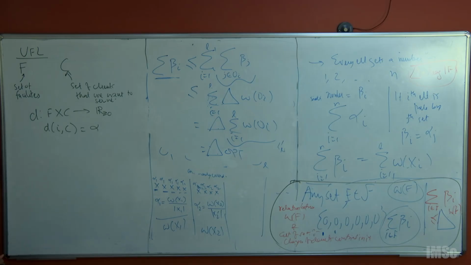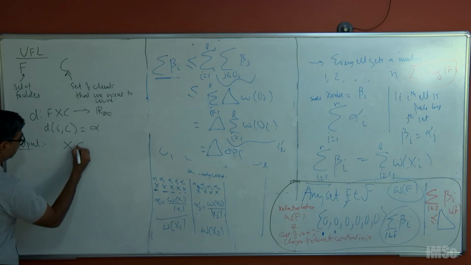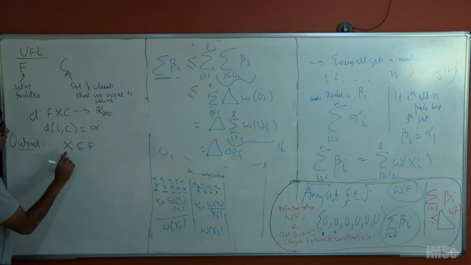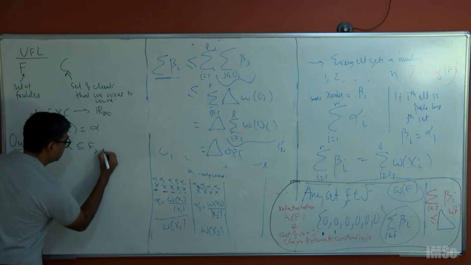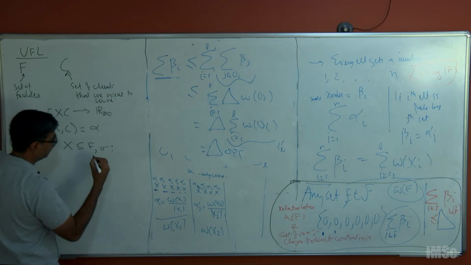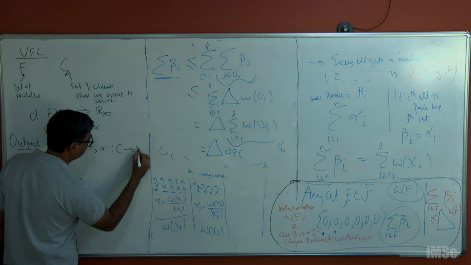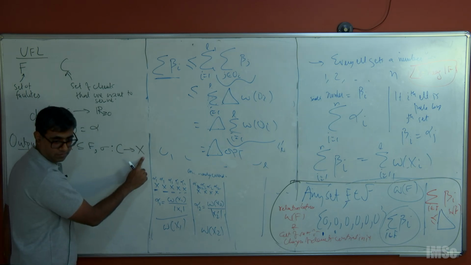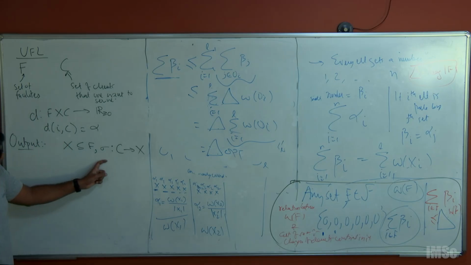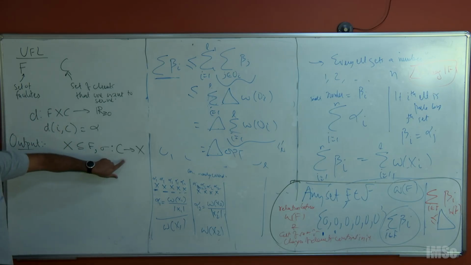What is my output? Output is X, a subset of F, meaning these are the places where I am going to open my facilities, and a function sigma which maps each client to X. It tells me which client is served by which facility.